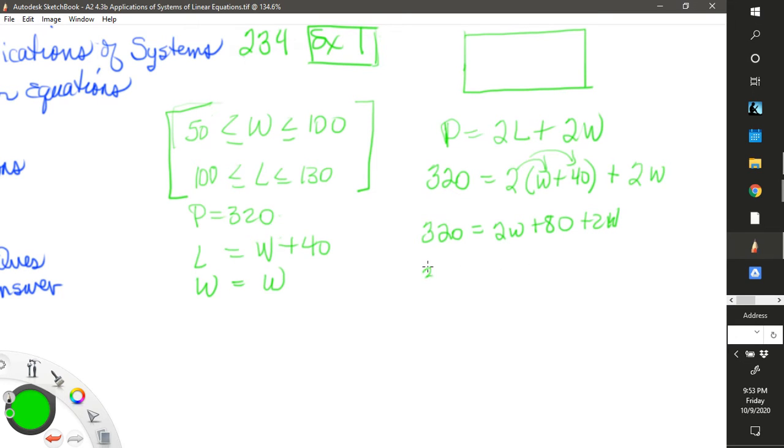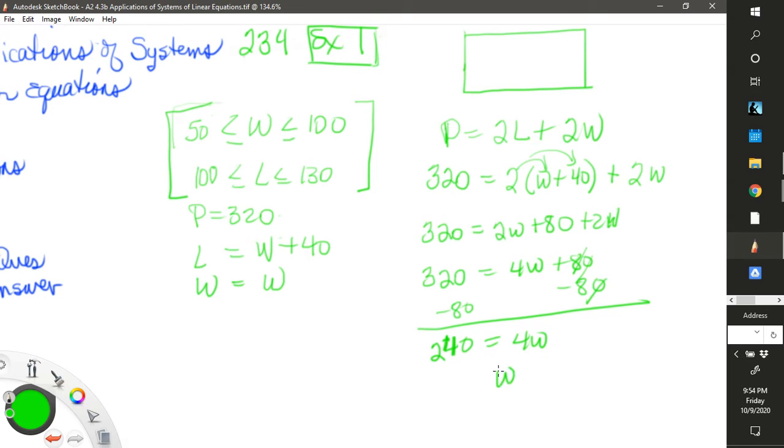So I get 320 is 4W plus 80. We're going to subtract 80 from both sides. 80s cancel. 4W equals, that would be a 4, 240, and W equals 60.